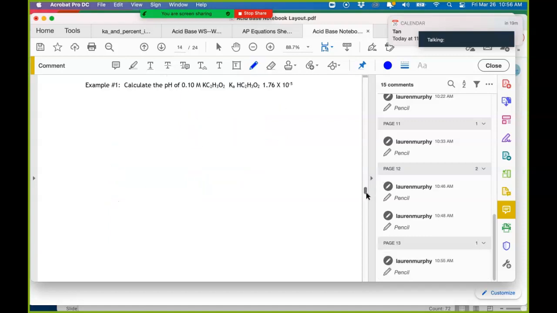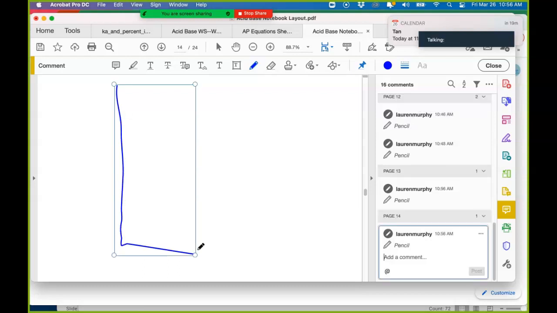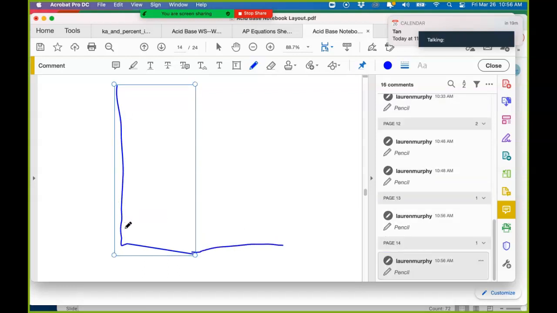I'll do it down here. Remember that the y-axis is your pH scale. So 0 to 14, right? 1, 2, 3, 4, 5, 6, 7, 8, 9, 10, 11, 12, 13, 14.